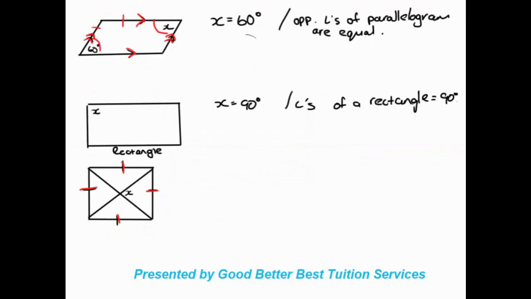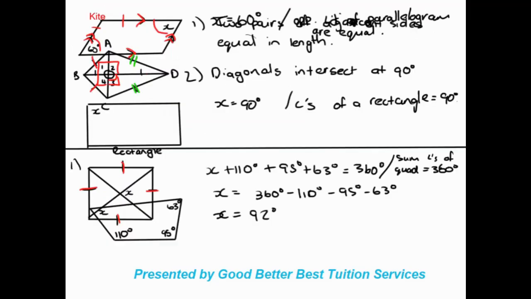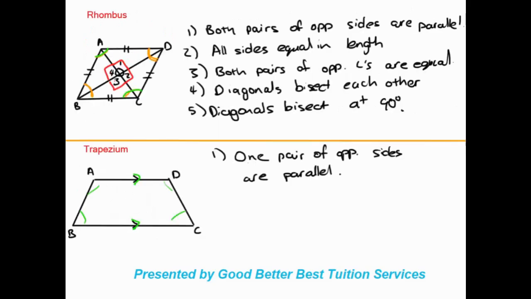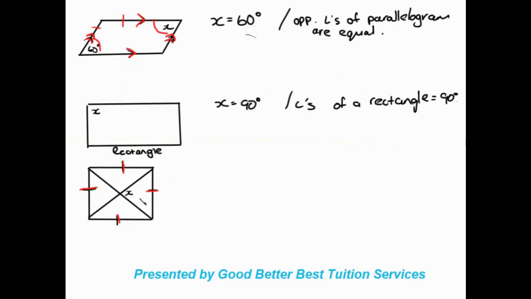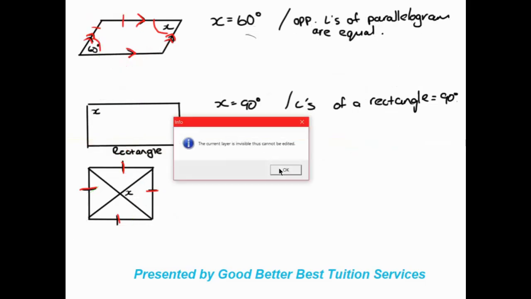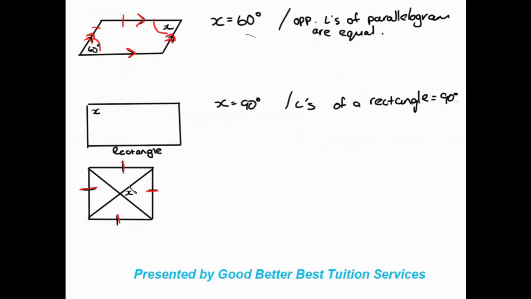And say if we didn't know if this is for sure a square, if I go to my rules of a rhombus, which is over here, I can see that it also has the same rule of diagonals bisect at 90 degrees. So I wouldn't really be risking it, right? That's why they don't necessarily have to tell us that this is a square, because square and rhombus have the same rule when it comes to this angle here in the middle, okay?